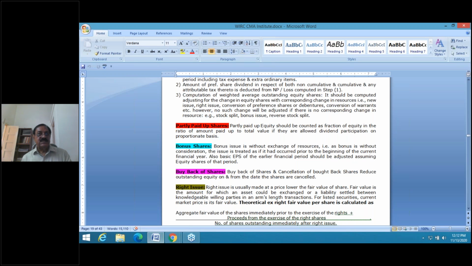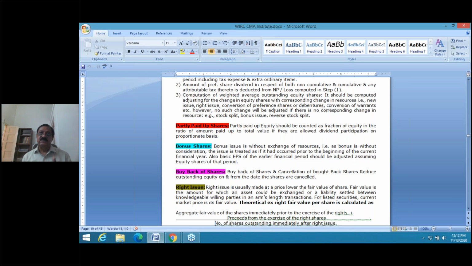But another 1 lakh shares which are issued partly paid, half paid, after 6 months. What will be its number for the weighted average? 1 lakh into 5 by 10 value weight into 6 by 12 time weight. So they will come to 25,000.